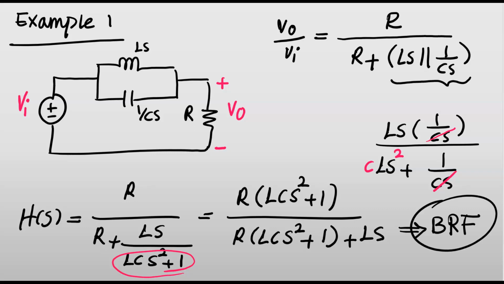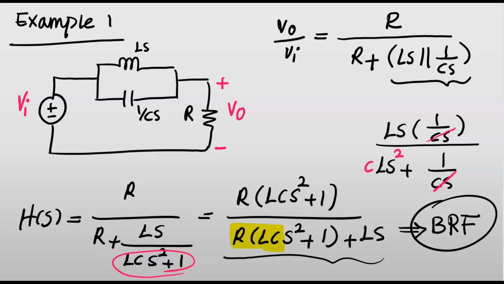Now, in order to see what the center frequency and the beta are for this particular circuit, I need to make sure that what I have is in standard form, which means the coefficient of s squared is equal to 1. What I have as the coefficient of s squared right now is RLC. So I have to divide everything by this RLC, and then I can match what I have with the standard transfer function for a band reject filter.